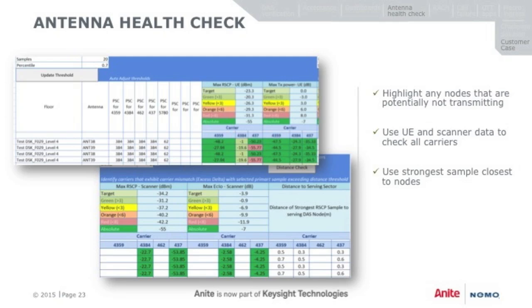So in this case, it's transmitting on channel 4359 with a PSC of 384, and it tells me my RSCP is -48.2 dBm. So this can be done across your entire venue, and all of this is completely automated. So there is no manual reporting that has to be done by your user. Instead, they can upload this straight to Synergy, and you have this report that is pushed back to your engineers.